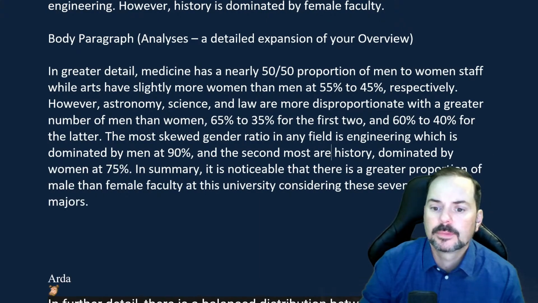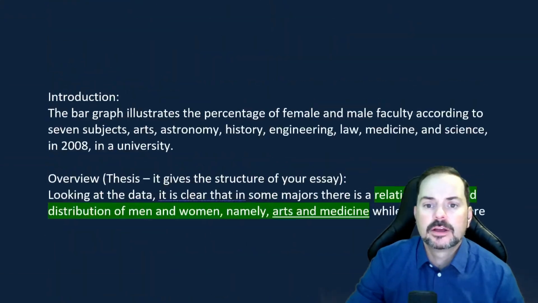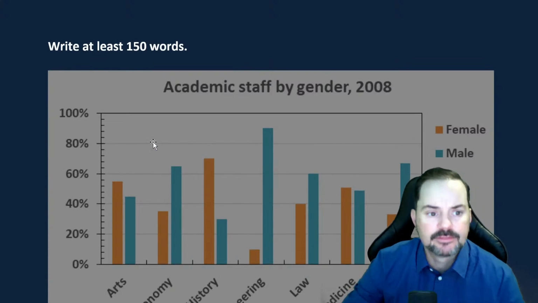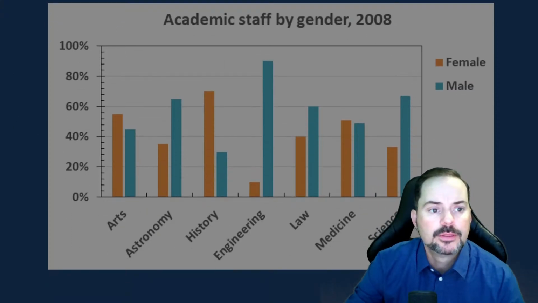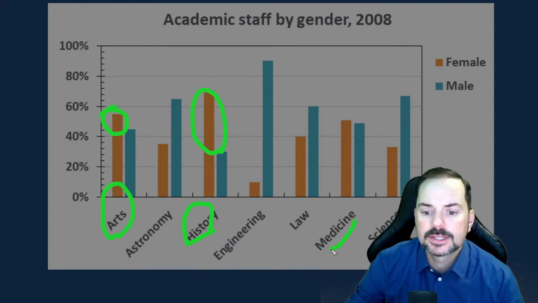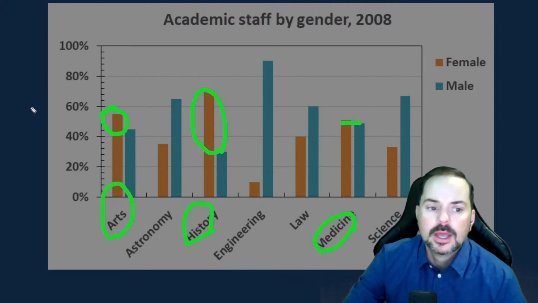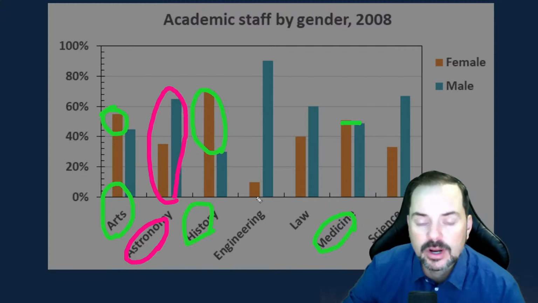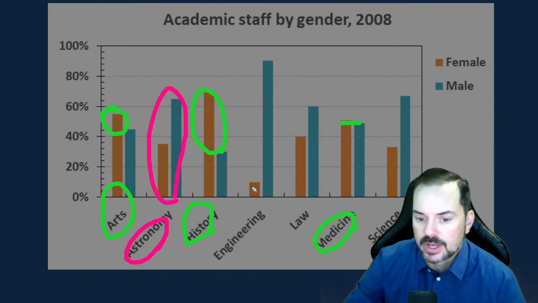Okay, is that if we look at the fields where you have more women, then we've got arts. Okay, there's more women there, and we've got history. There's more women there, and then we've got medicine, and there's slightly more women there, but it's almost negligible, right? And then when you look at astronomy, there's quite a bit more, or quite a greater proportion of men, or a higher percentage, because we don't know the actual numbers, right?